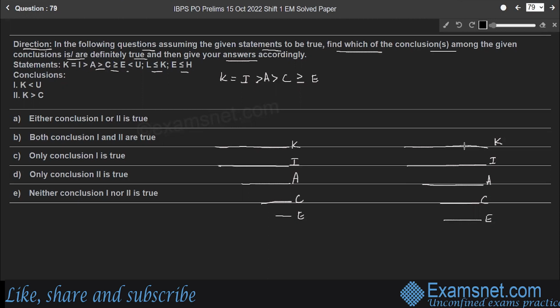So E is strictly less than U. So U is a line which is greater than E, and E is strictly less than U in both the cases. So consider the next part.